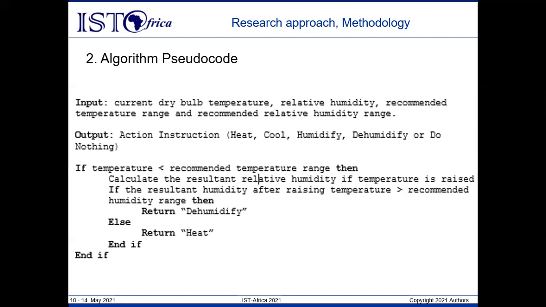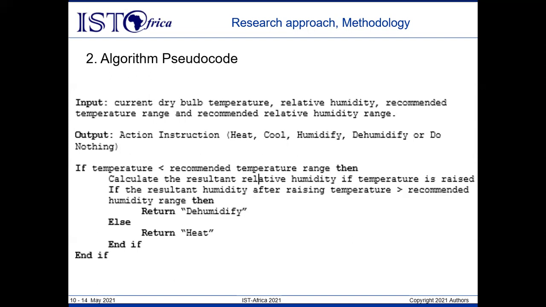First of all, it checks if the temperature is below the recommended temperature range. If it is, it calculates the resultant relative humidity if temperature is to be raised to the recommended range.